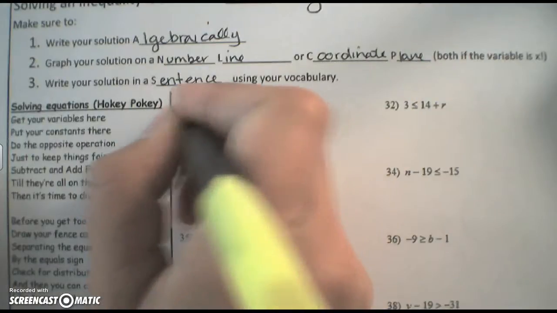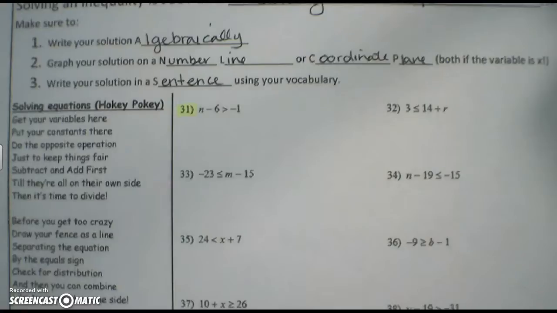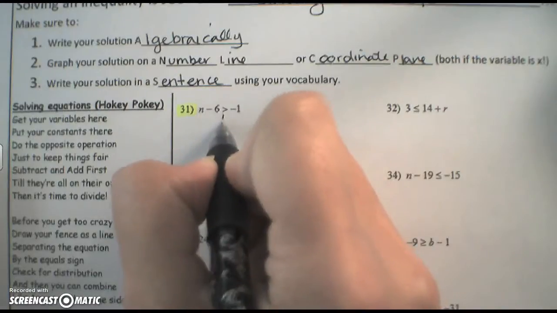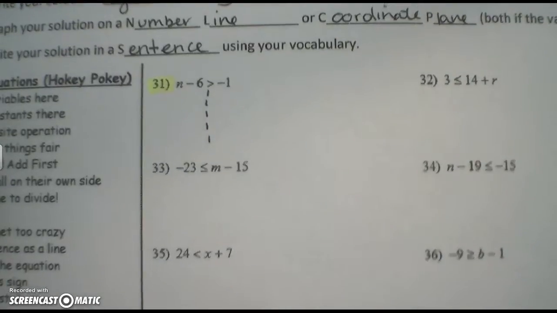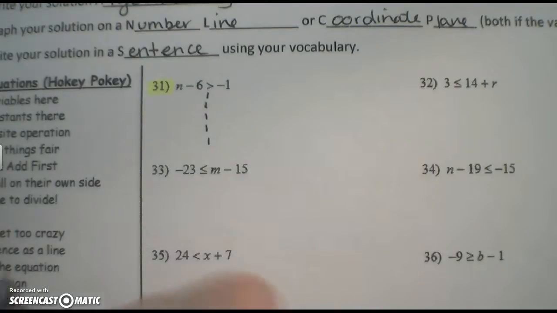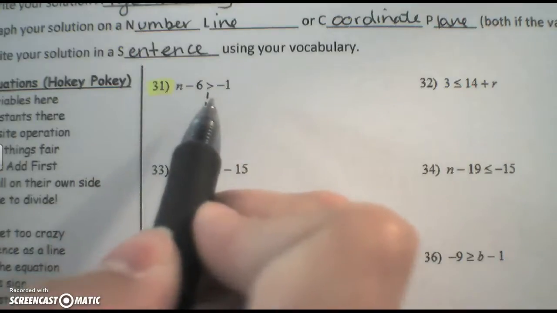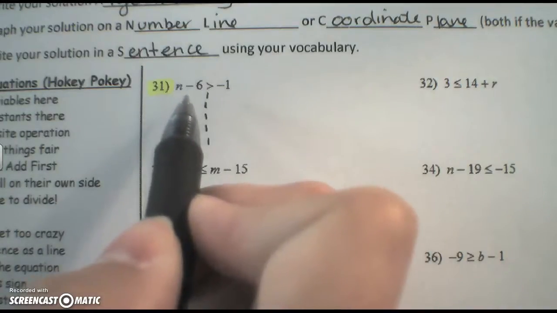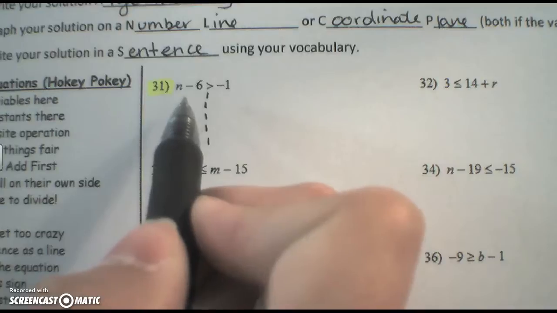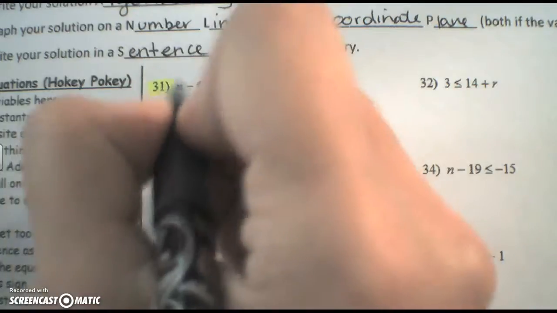So we're going to start with number 31. All right, and we've got our song over off to the left there. So before we get to crazy, draw my fence as a line. I'm going to go ahead and zoom in here for you. That separates the, and this time, inequality by the equal sign. Check for distribution. Nope. Then we can combine like terms on the same side.